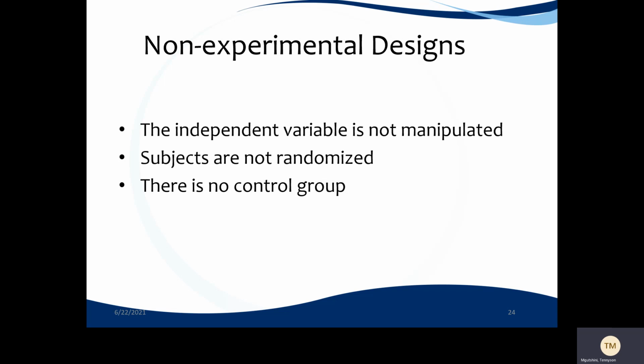And of course, because you have not manipulated anything, you have not carried out an experiment, there is no control group to be had. So non-experimental designs have none of the three conditions of experimental designs. They do not have the randomization, they do not have a manipulation, they certainly do not have a control group.